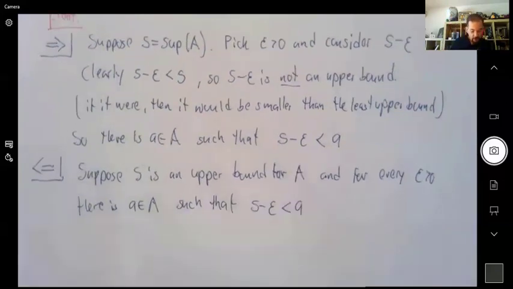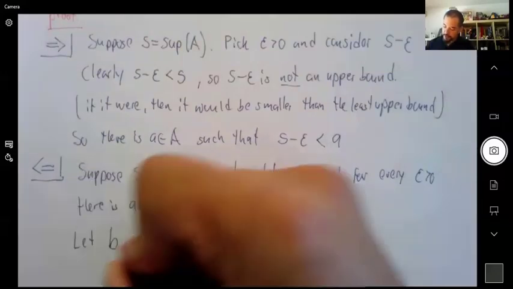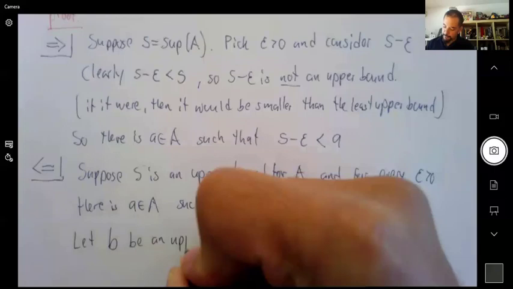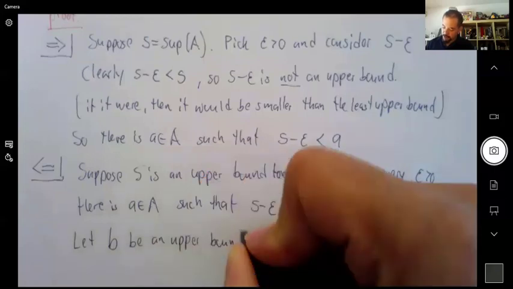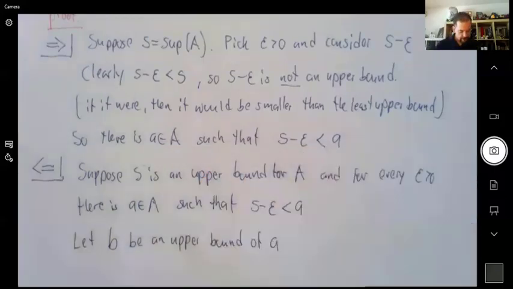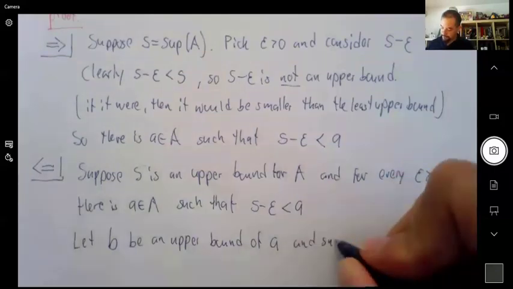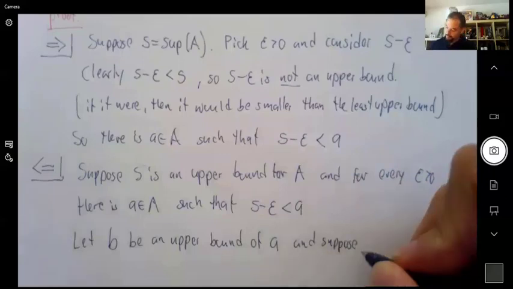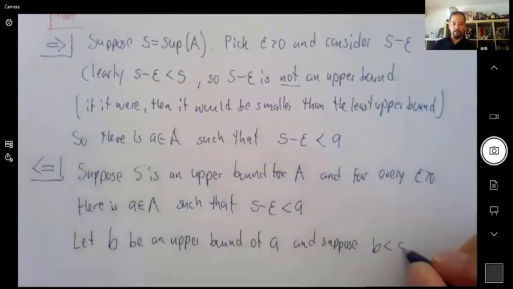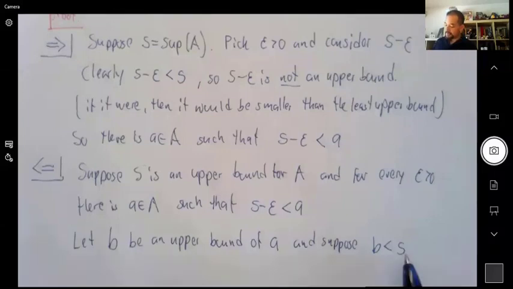So let's pick another upper bound. So let B be an upper bound of A. And suppose B is smaller than S. So suppose it's not, right? So we want to show that S is the least of the upper bounds.